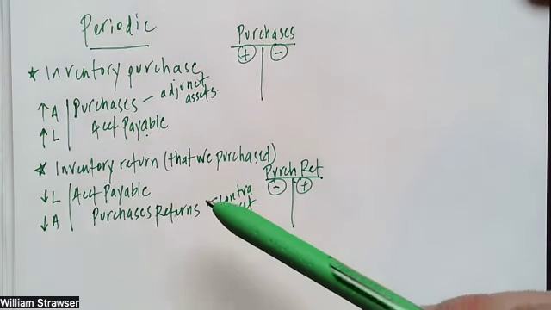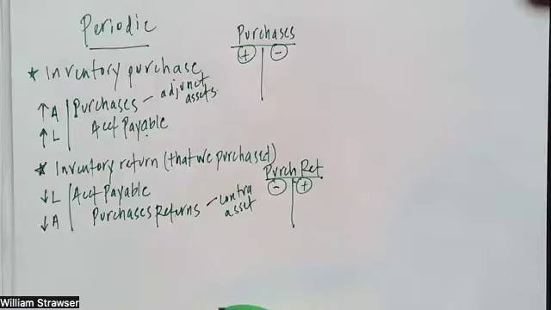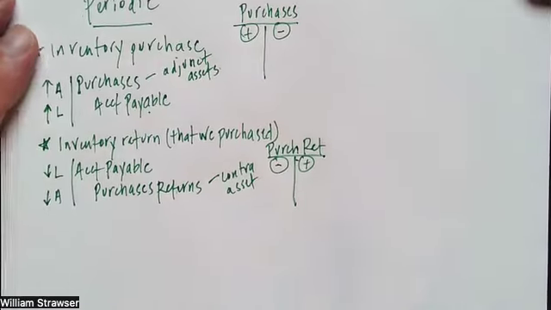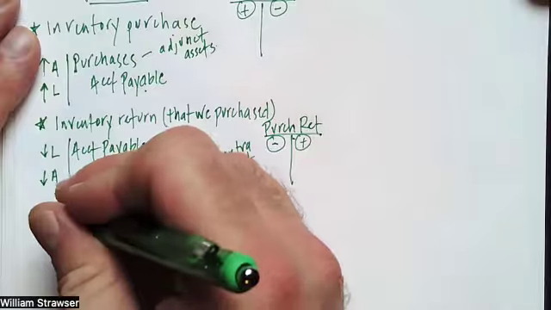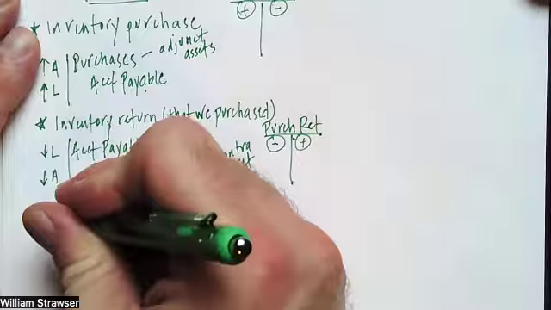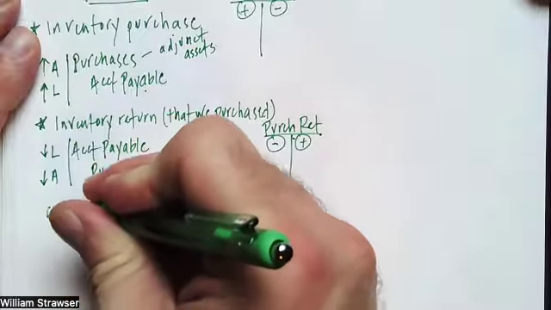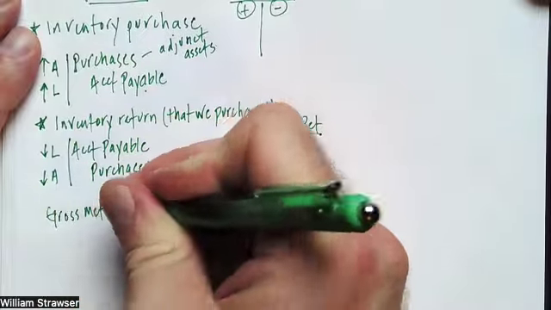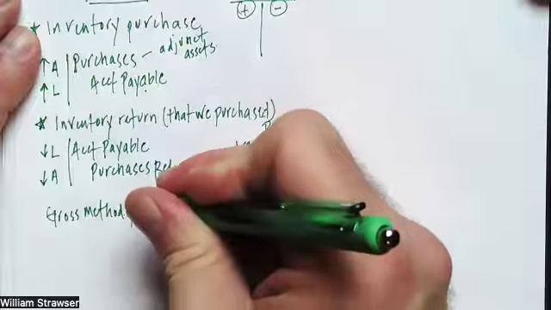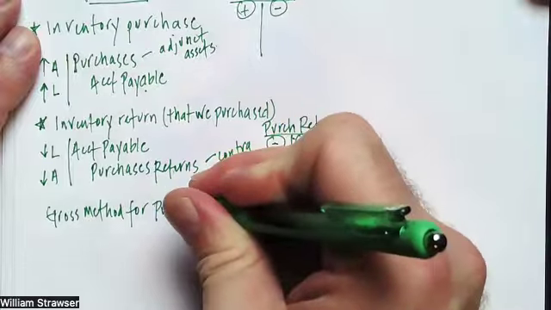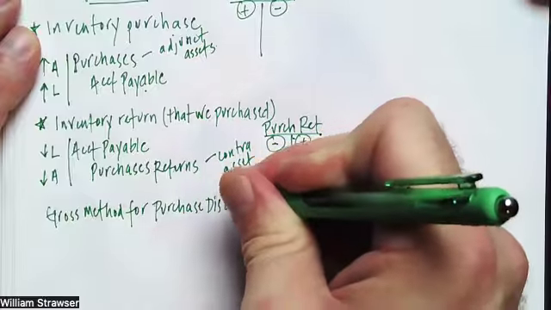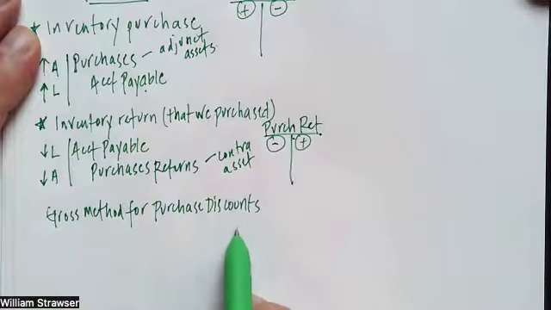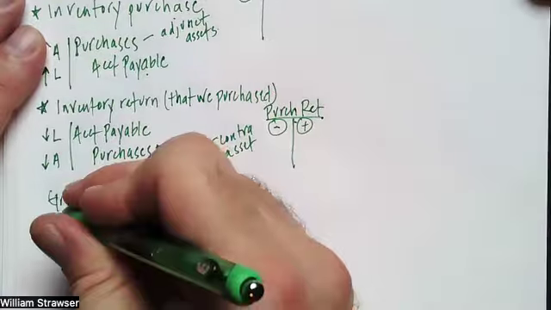When it comes to paying for the inventory, this is when we can get into a couple scenarios. So let's say we use the gross method for purchase discounts. When we use the gross method for purchase discounts, what does that mean?